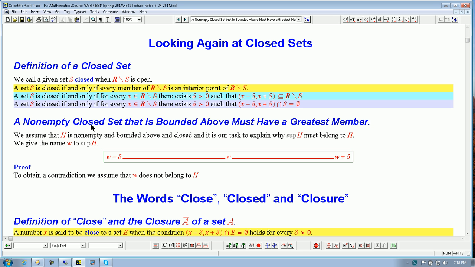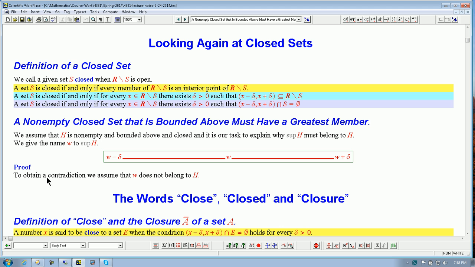A non-empty closed set bounded above must have a greatest member. What do you need to do to prove that a set has a greatest member? You've got to prove that it's got a supremum and that the supremum belongs. Well, there's not much to get the supremum. The set is non-empty and bounded above. See?